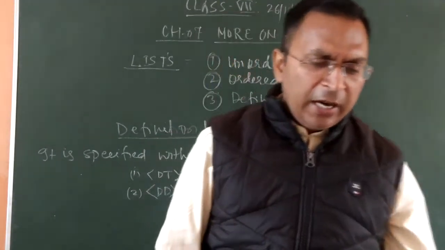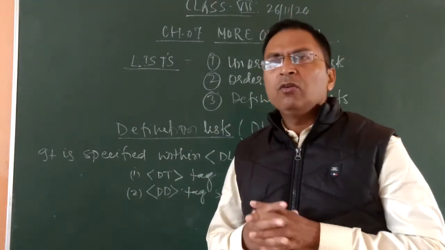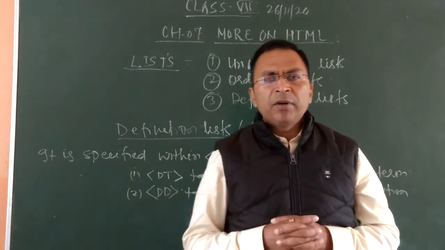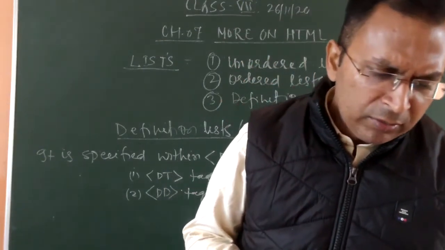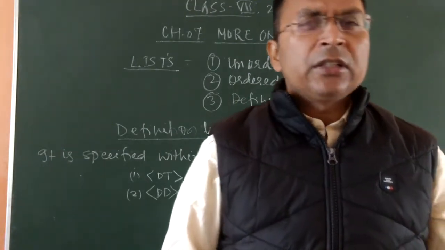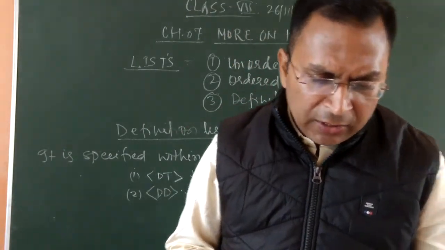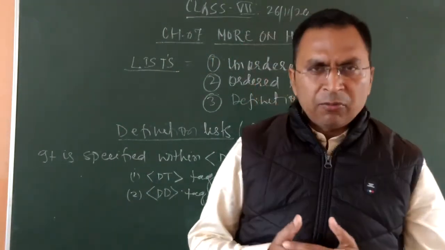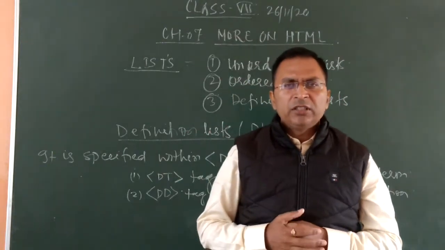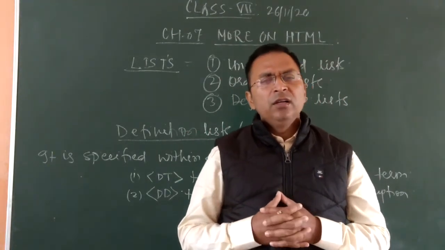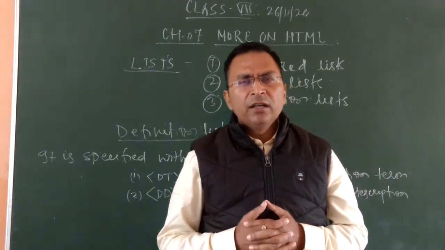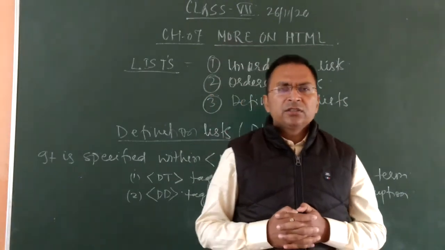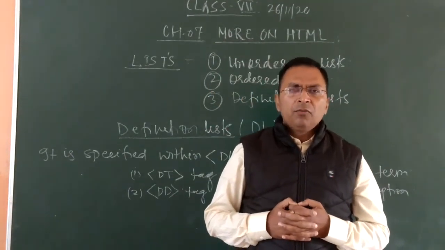And the value: if we provide value in the ordered list on the list item LI, then the numbering continues from that number in the middle. So from the LI list item, with the use of value, numbering starts from the middle of the sequence. This is the way lists are performed.